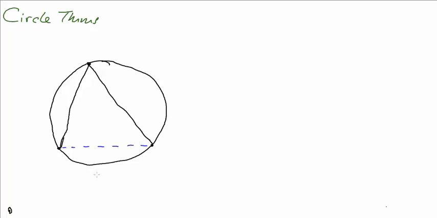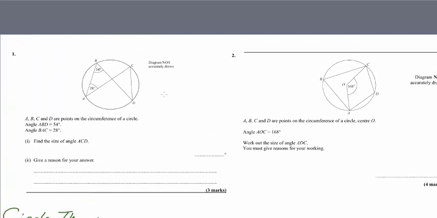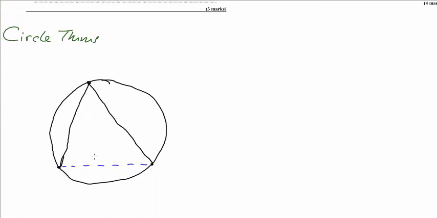Now, imagine there was another triangle which used the same chord. The reason I draw this dashed is, can you see this line here? Well, that kind of makes a triangle. They won't always give you this line, but they will give you these two things. But the chord is the most important thing with it, that chord.